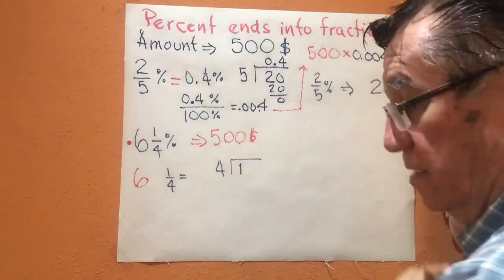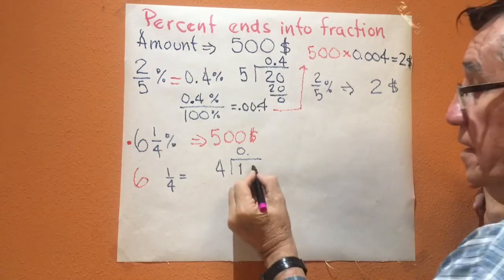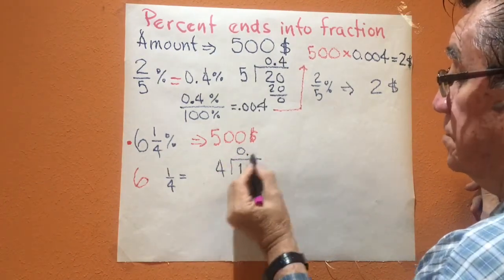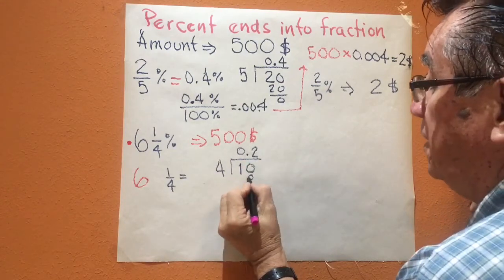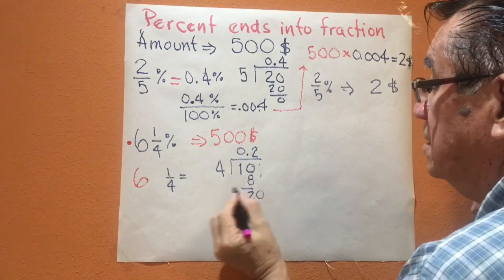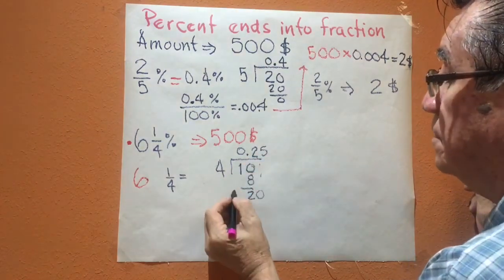Okay. Well, we do the division. 2 times 4 is 8. Remainder is 2. I lower 0. 20 divided by 4 makes 5. 5 times 4 is 20.